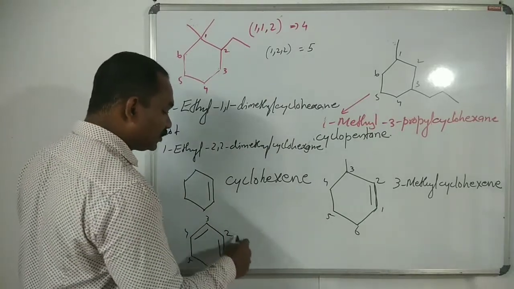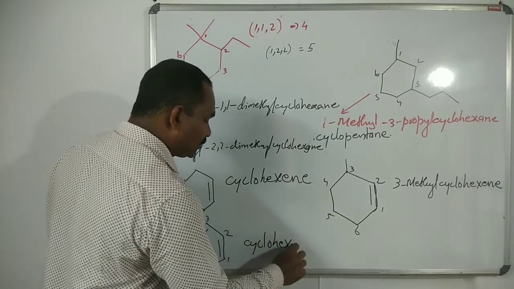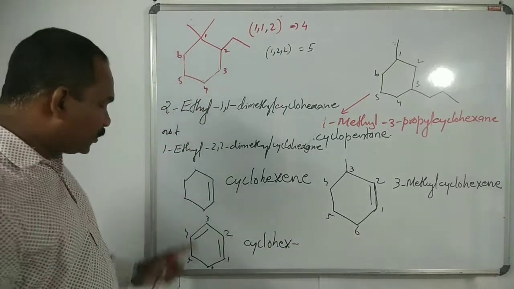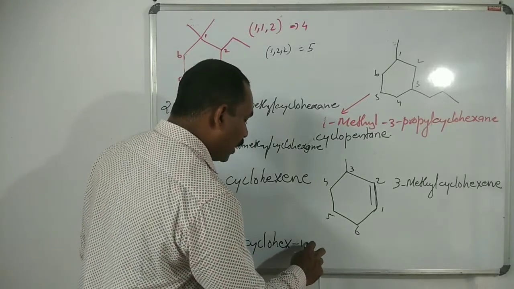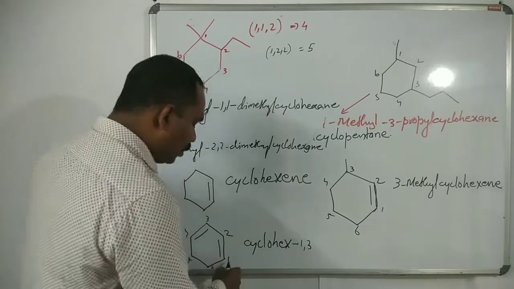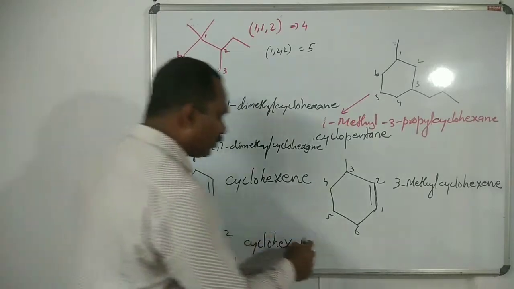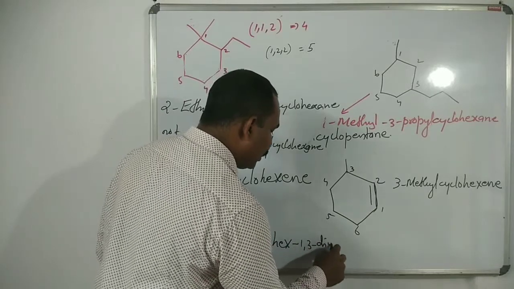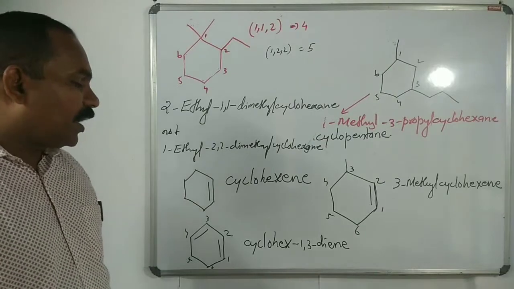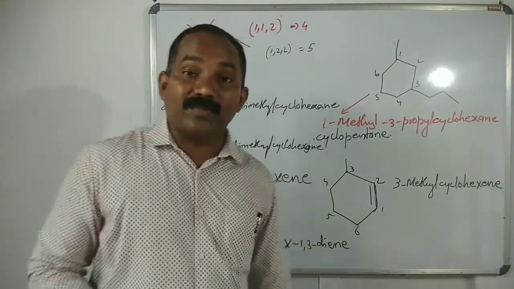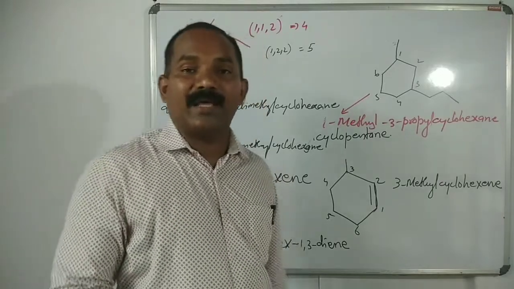This is cyclohexane with two double bonds. The positions are mentioned as 1, 3: first carbon atom double bond, third carbon atom double bond, diene. So cyclohexa-1,3-diene.